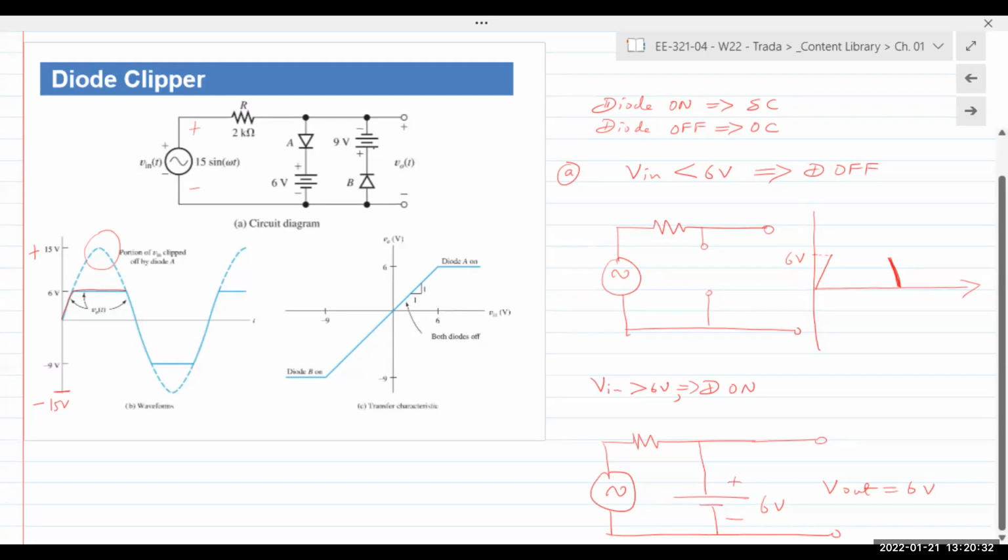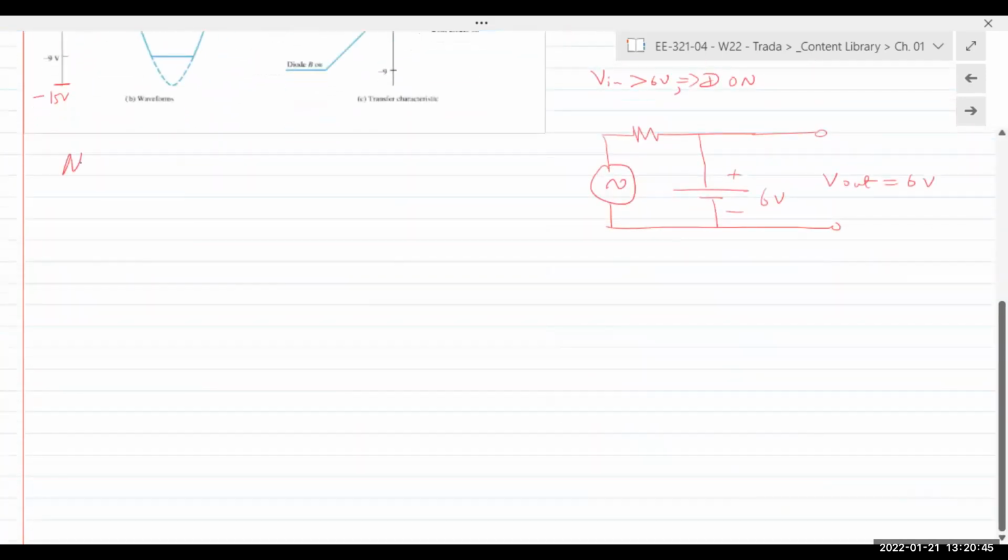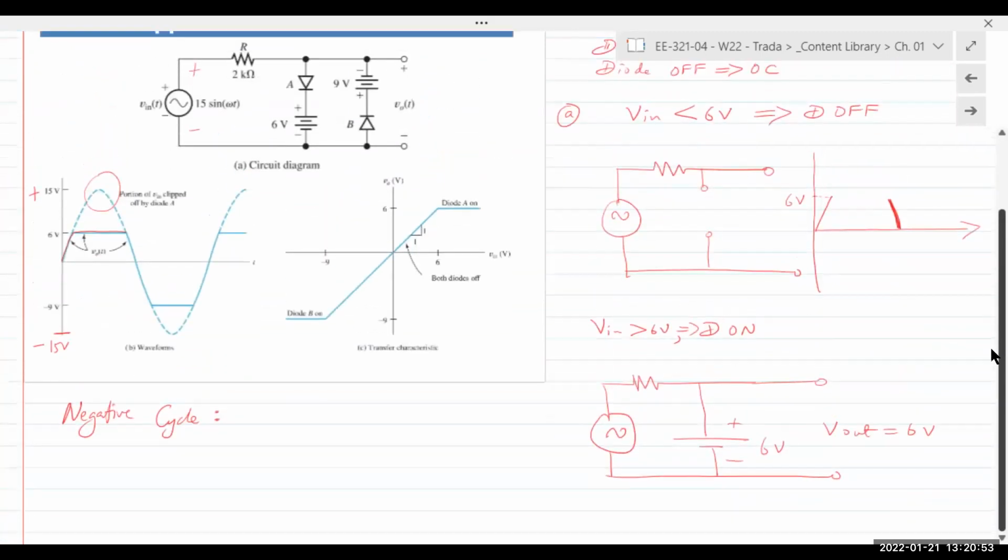Now, this operation applies exactly to diode B when we go to the negative half cycle. So in the negative half cycle, diode B, again, the cathode is held at plus 9 volts.